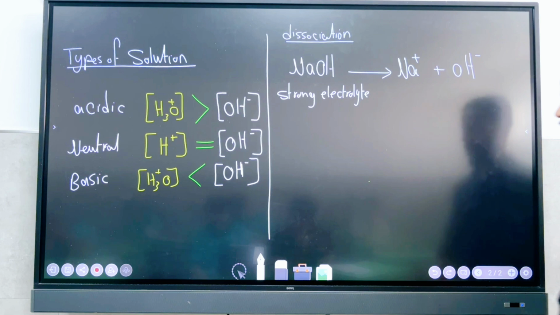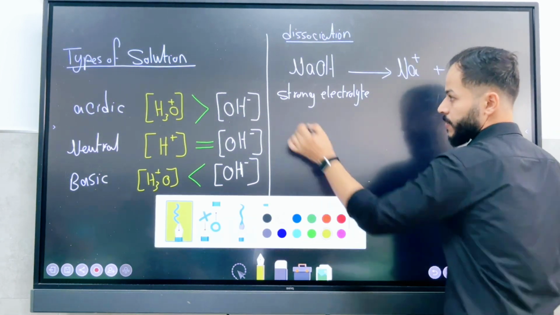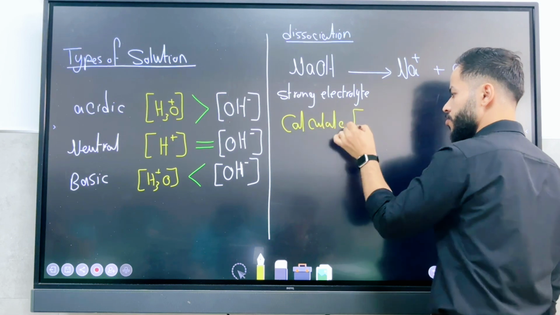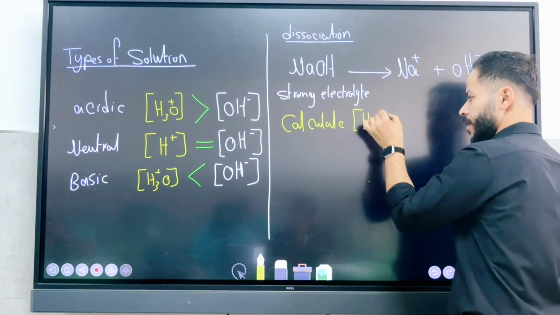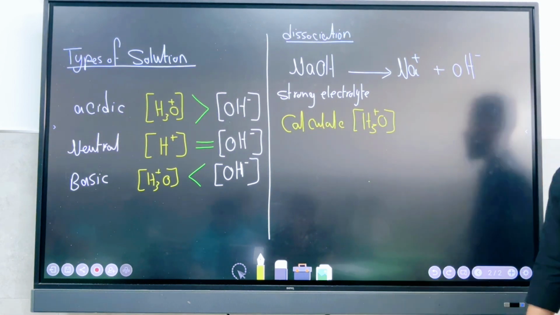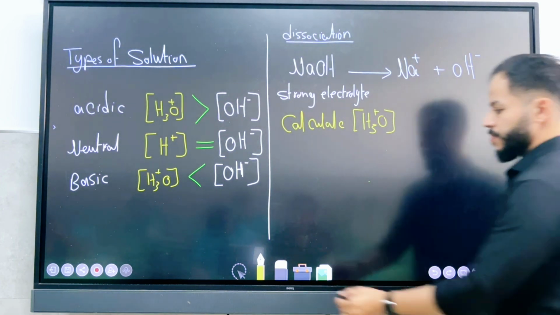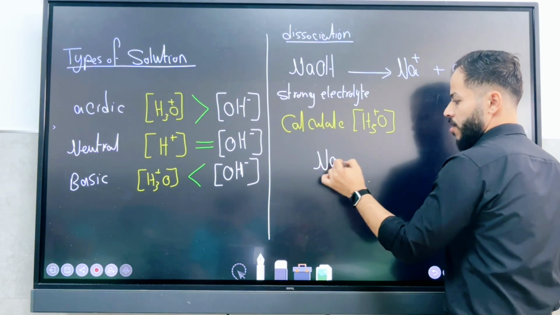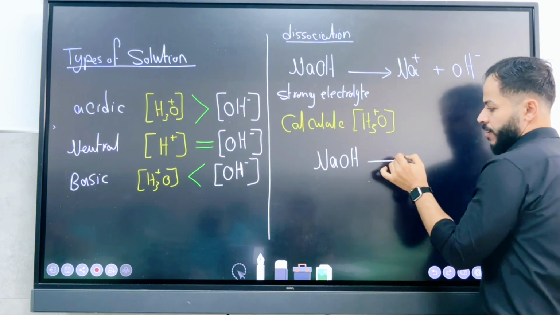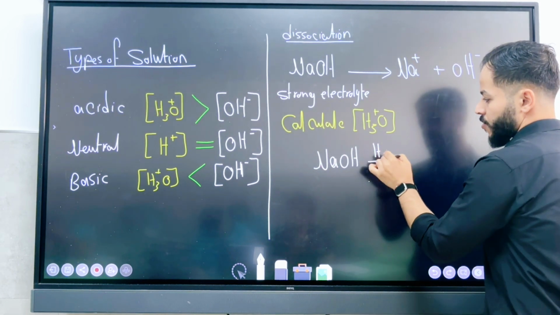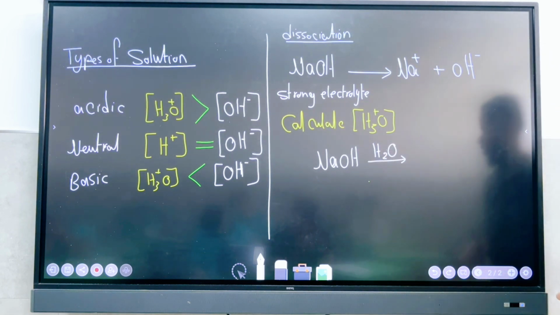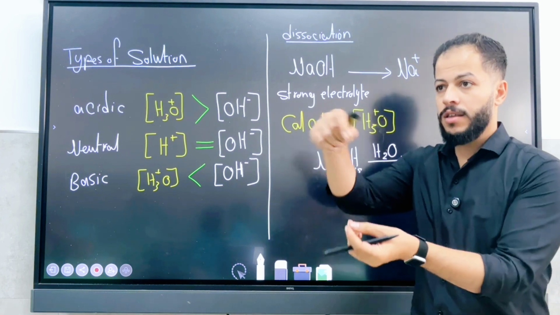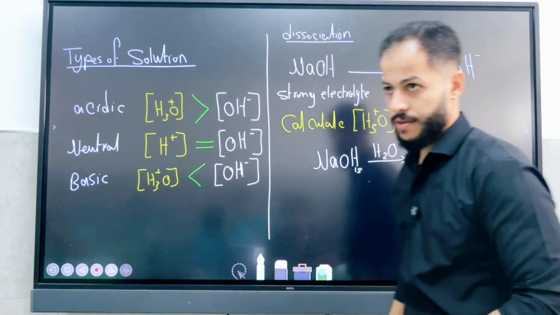The question here asks you to calculate the concentration of a hydronium ion. Any ideas how to calculate it? Okay. First, you have to write the equation. NaOH yields, of course in the presence of water, because this is a solid substance that I dissolve in water to make a solution of it.